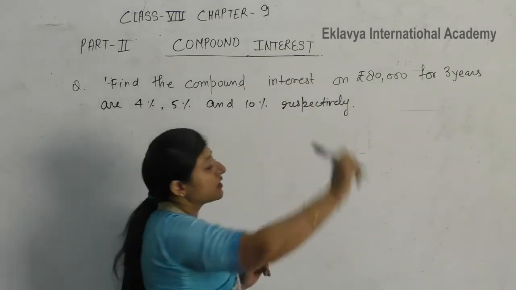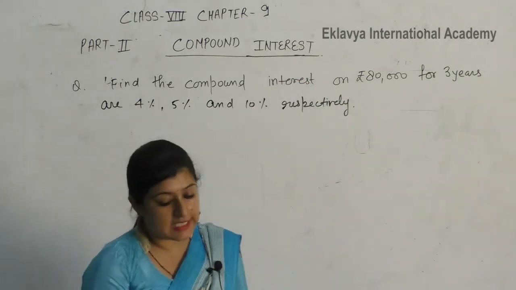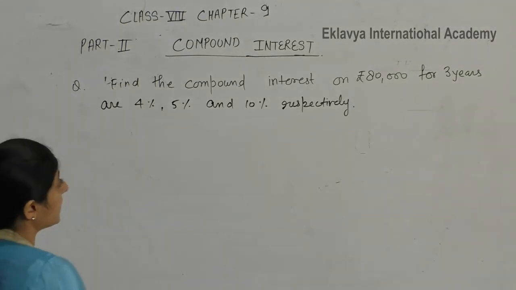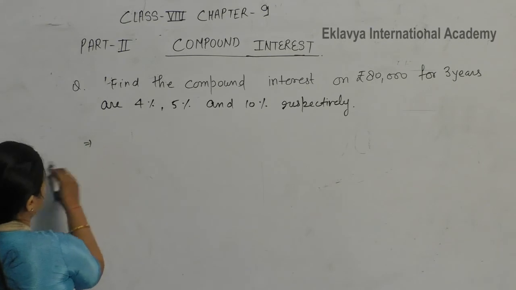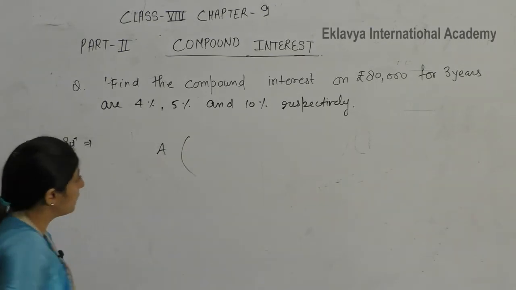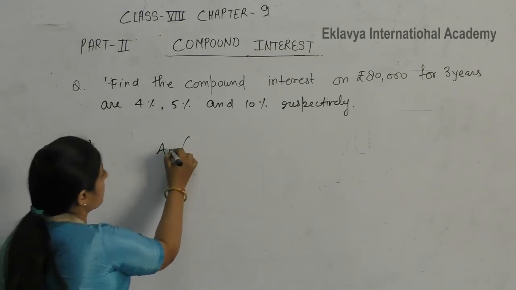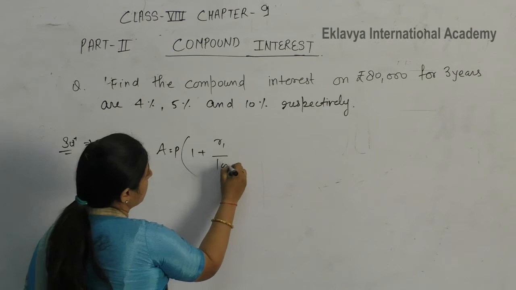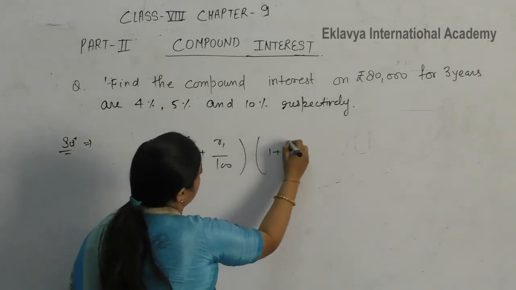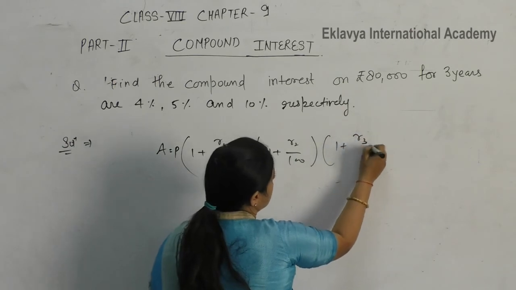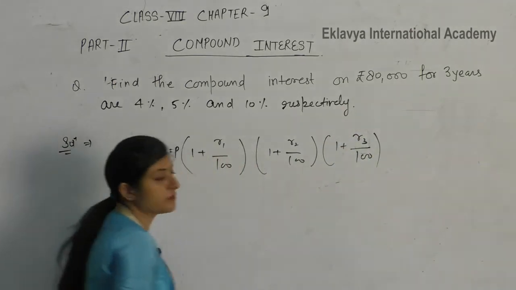It means the first year is 4%, the second year 5% and the third year 10%. Then see how to find the amount. Amount is equal to principal multiplied by (1 plus R1 upon 100), (1 plus R2 upon 100), (1 plus R3 upon 100).